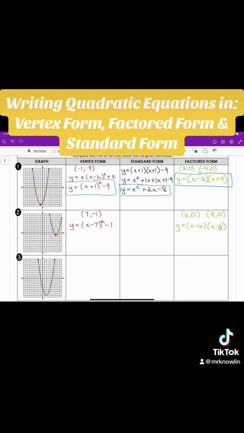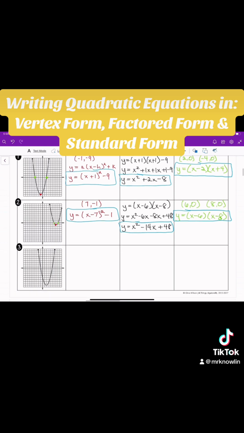For number 1, we simplified the vertex form to figure out the standard form. This time, I'm going to simplify the factored form. So when we simplify, this would be y equals x squared, and when we put the -6x and the -8x together, that gives us -14x. And that would be our final answers for number 2.